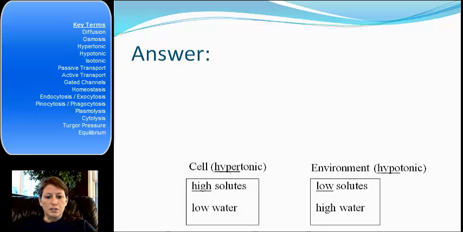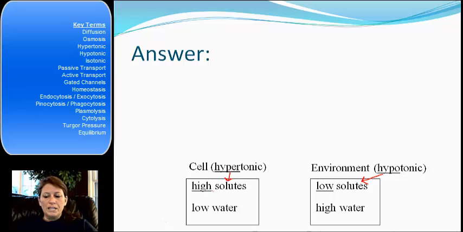Hypertonic refers to the solutes, and we said that on one of the slides earlier. So high solute, and we're assuming the opposite of water, so low water. My environment, which would be my beaker, hypotonic, low solute, because again it's referring to the solutes, and then it didn't indicate, so we're assuming that the water is the opposite.